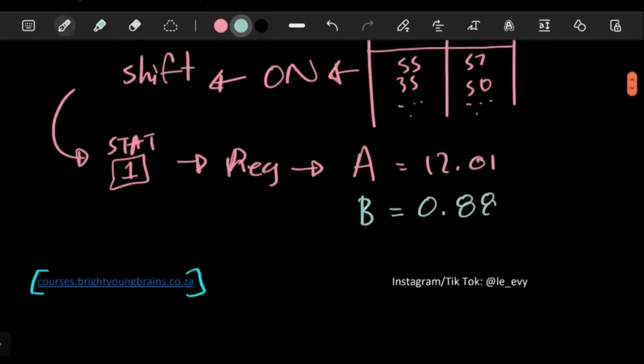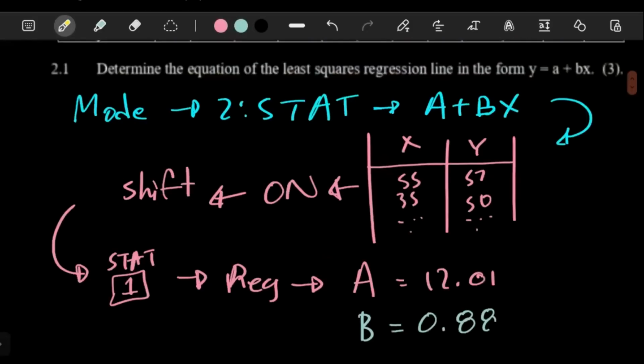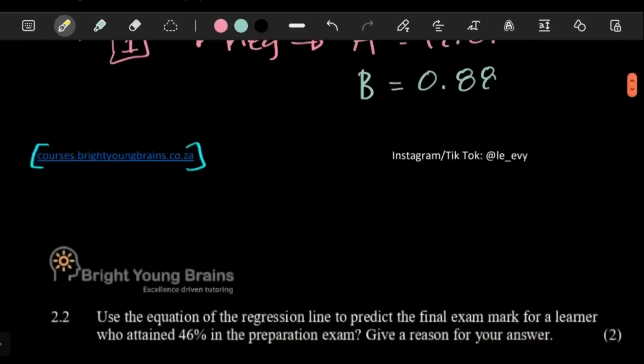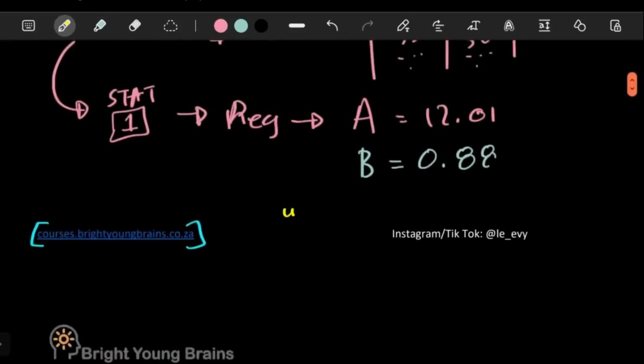So your equation, the equation of least squares regression line, it's y is equal to A plus bx. That's the standard form. But then once you have this A and B, you're going to say y is equal to A plus bx. There you go.